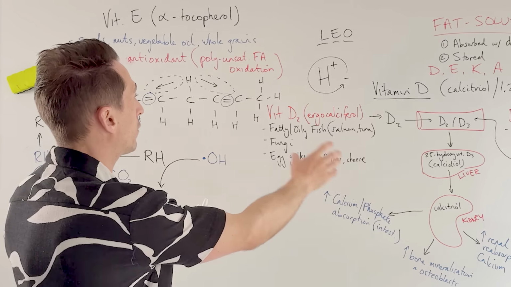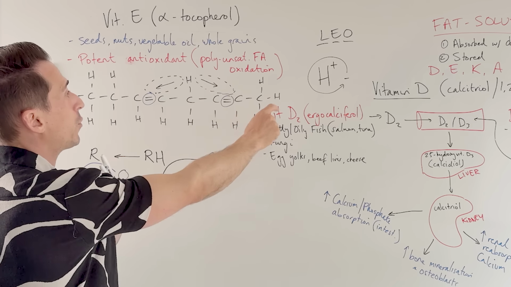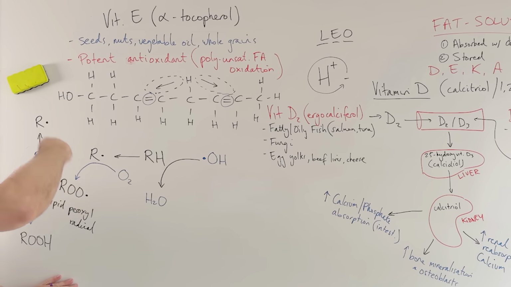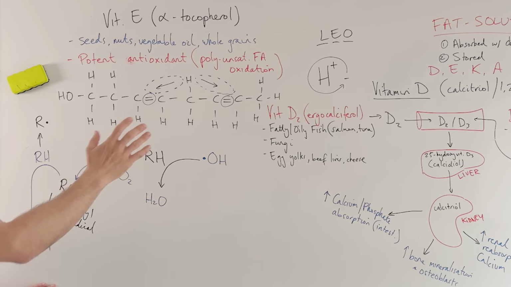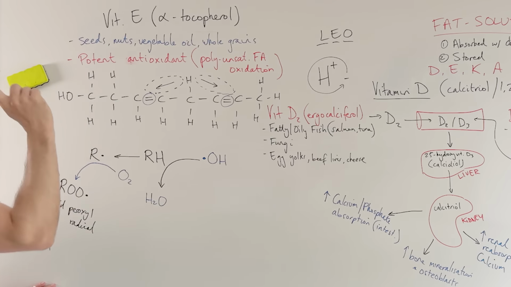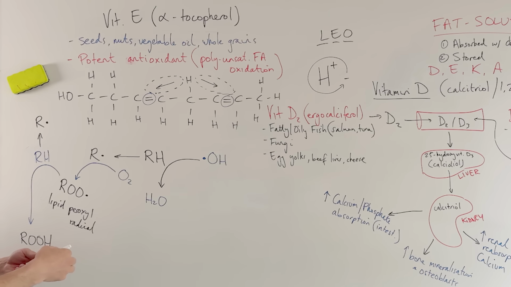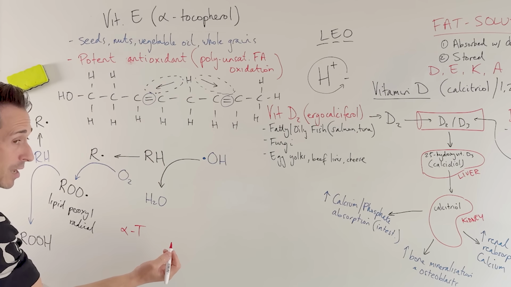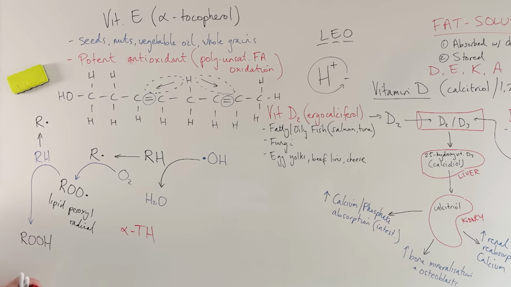And you get this chain of events where, if you have too many free radicals, the polyunsaturated fatty acids just become oxidized. That damages obviously the fats which make up membranes of the body and a whole range of things. So what do we do? Well, we have alpha tocopherol that comes along. Now what alpha tocopherol does, let's draw this in red. So here's alpha tocopherol, and it has, thankfully, a spare hydrogen.